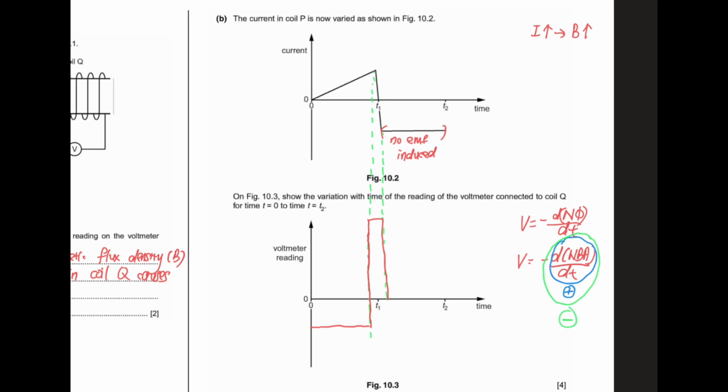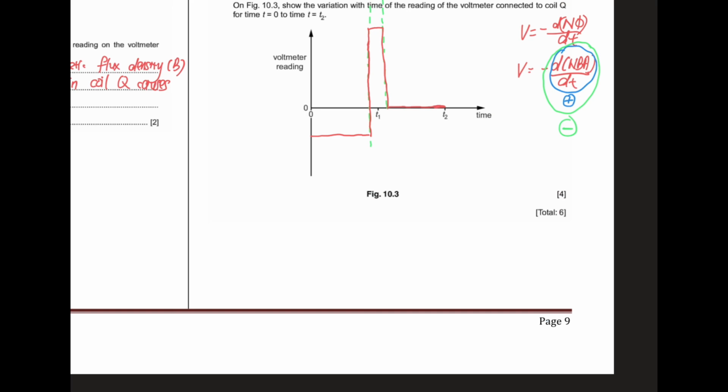After that, this part onwards, there's no change in current, no gradient, no EMF. So we draw a horizontal line. Okay, so that's the graph. My suggestion, you look at the gradient. The gradients will determine the EMF induced.